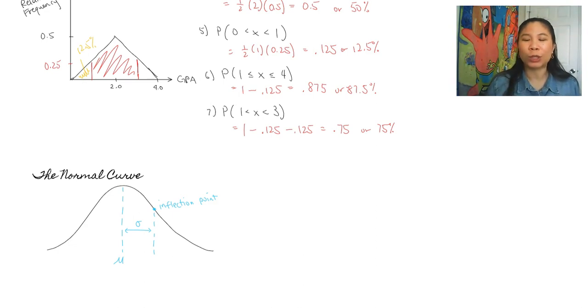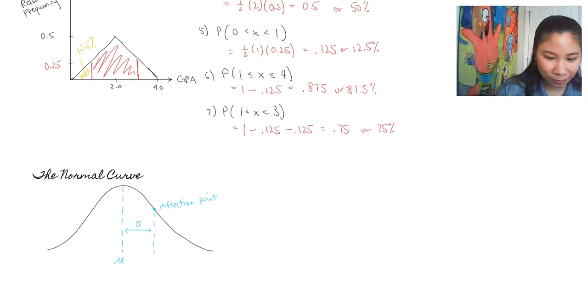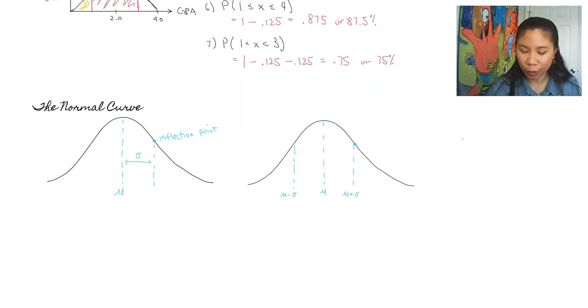And then within the normal curve, or a normal distribution, if you have a distribution of data that's normally distributed, then there are certain percentages that we want to look at. So I've redrawn my normal curve. This time I've drawn lines where it covers all the data points that are one standard deviation away from the mean.